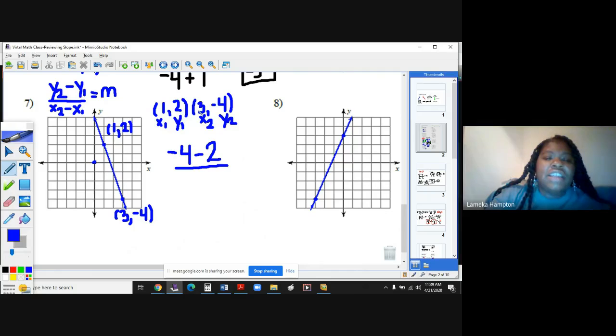If you said 3 - 1, excellent job, because my x's are represented by 3 - 1. So again, my y's are at the top, I have -4 - 2, and my x's are at the bottom, 3 - 1.